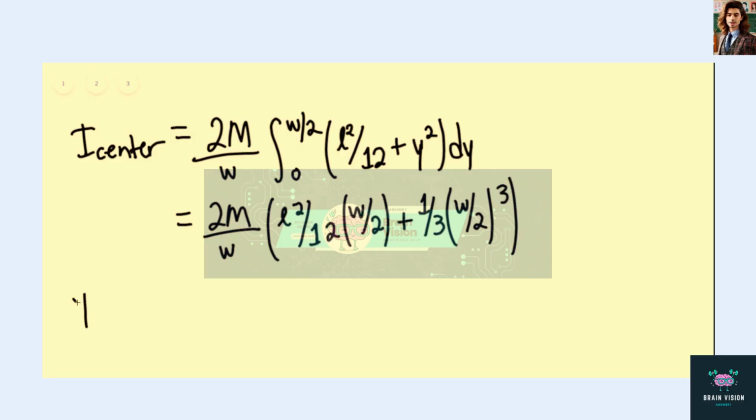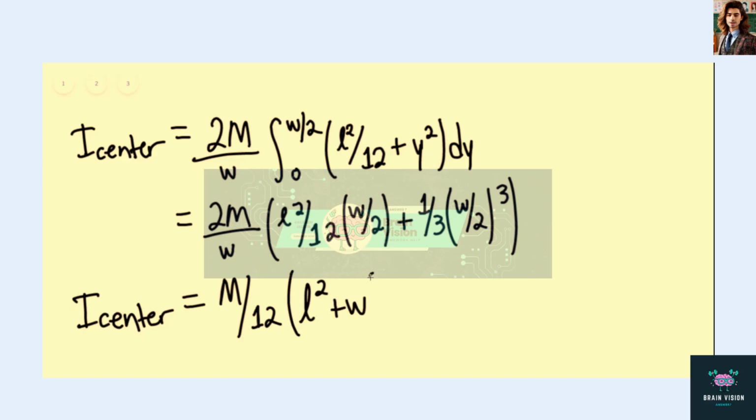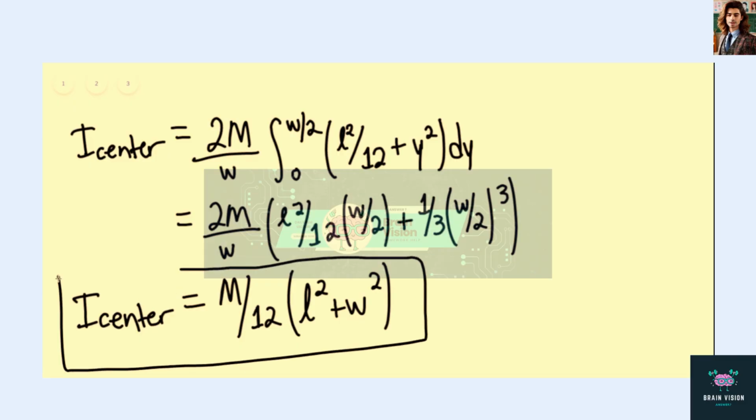And we finally find that the moment of inertia through the center is equaling m over 12 multiplied by the length squared plus the width squared. And so this would be our final answer for part A.